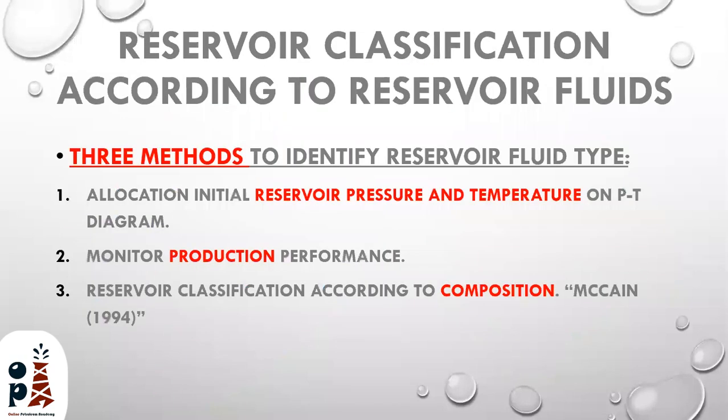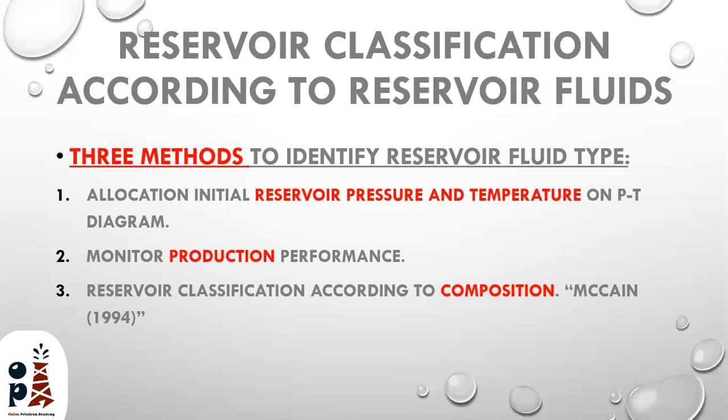We have three methods to identify our reservoir fluid. First, if we have the composition of our reservoir fluid, we can construct the phase diagram, or the PT diagram, for this fluid and locate the reservoir pressure and temperature on the phase plot. Upon the location of reservoir pressure and temperature, we can know the reservoir fluid type.